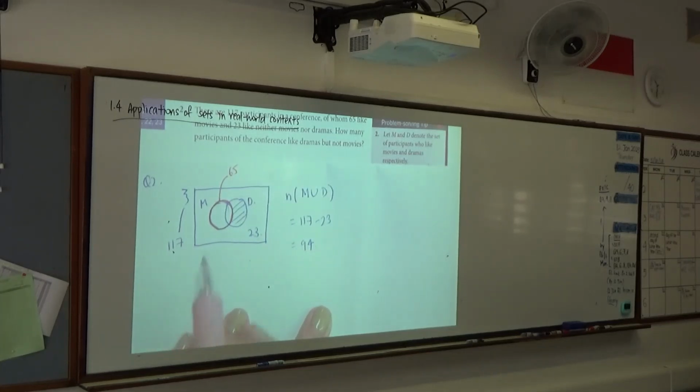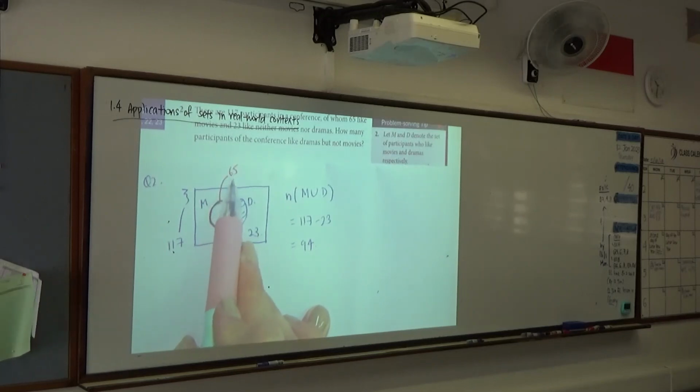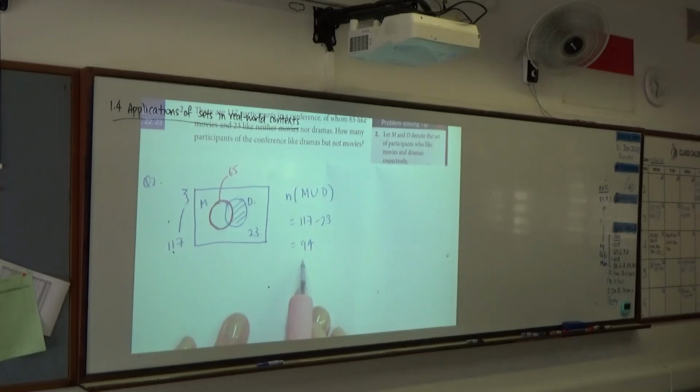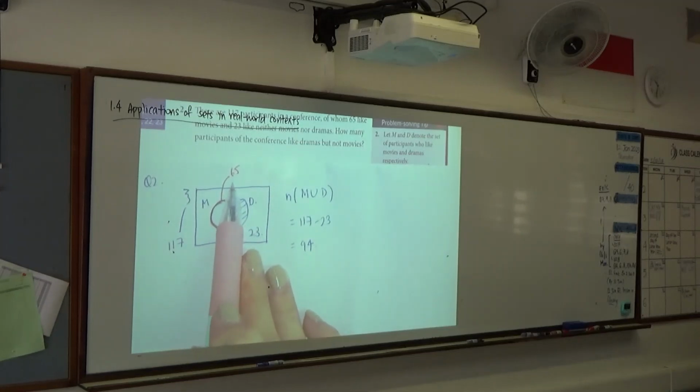Since I know the value for both circles now, and the circle for movies is 65, to figure out the shading, that will be 94 minus 65.